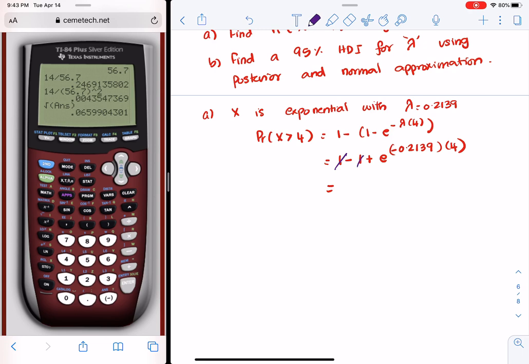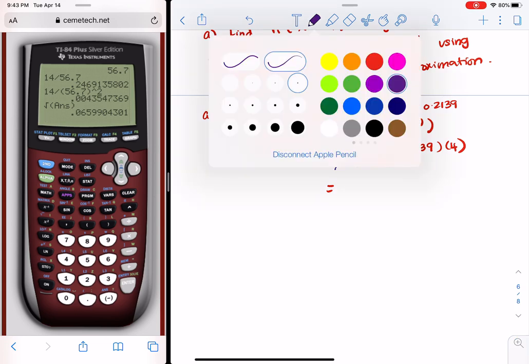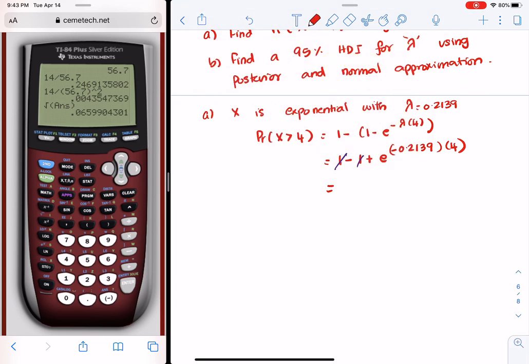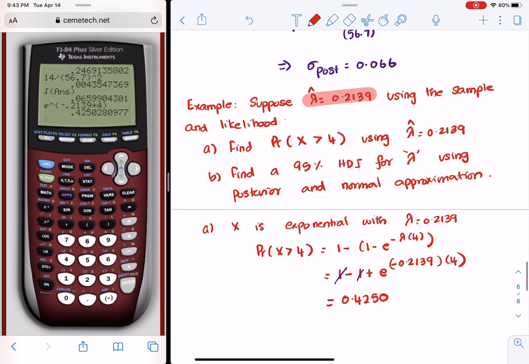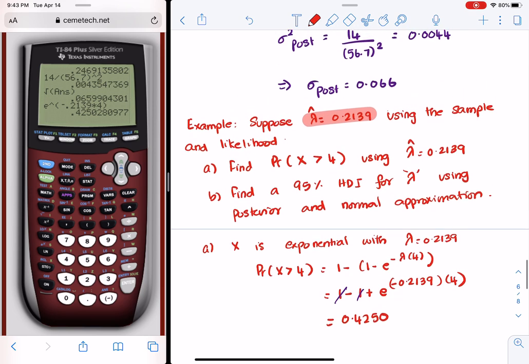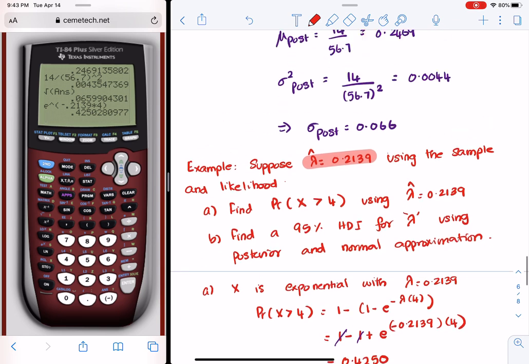And those two would go away, and the answer would simply be 0.4250. Great.